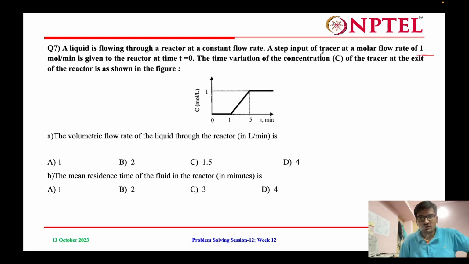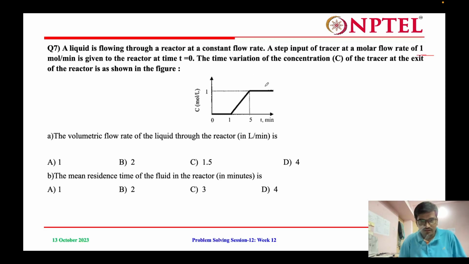The time variation of the concentration C of tracer at the exit of the reactor is shown below. Here a concentration versus time graph is given. First we have to calculate the volumetric flow rate of the liquid through the reactor in liter per minute. The second is the mean residence time of the fluid in the reactor in minutes.